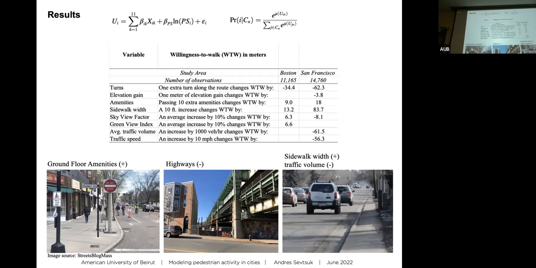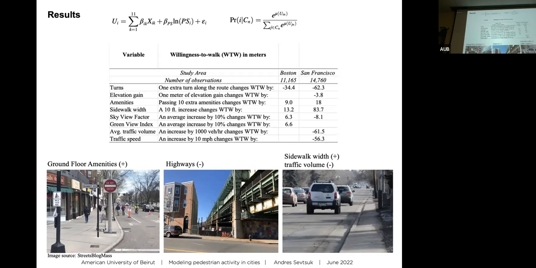Here I show results from both the Boston model and the San Francisco model. Generally, with these path choice models, we get a beta coefficient for each attribute. But what I'm showing here is coefficient ratios, where each coefficient is then divided by the length coefficient, which effectively gives us the distance equivalent effect of each of these characteristics.